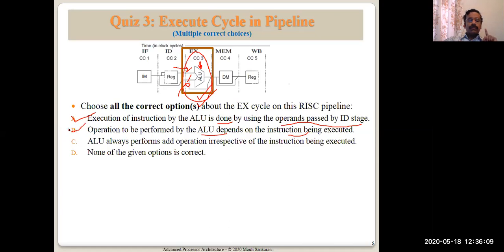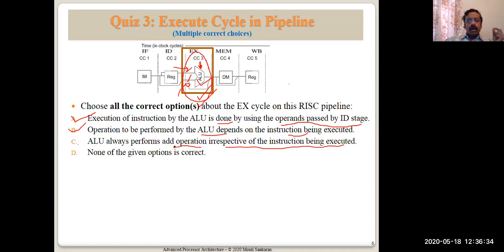So if any of you have chosen A and B and not C, let me see why C is wrong. ALU always performs add operation irrespective of the instruction being executed, which is a totally wrong statement. It has to perform what is supposed to be done by the instruction.